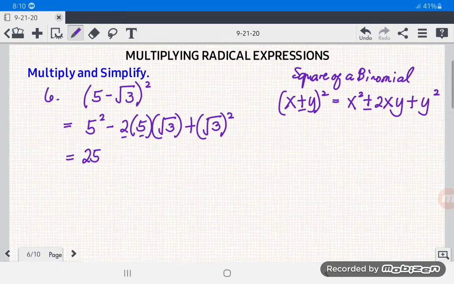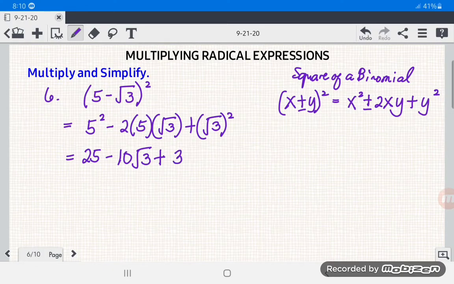Then negative 2 times 5 times 1, we have negative 10. Then you just copy square root of 3. Then plus square root of 3 squared. We all know that the answer is 3, so plus 3.